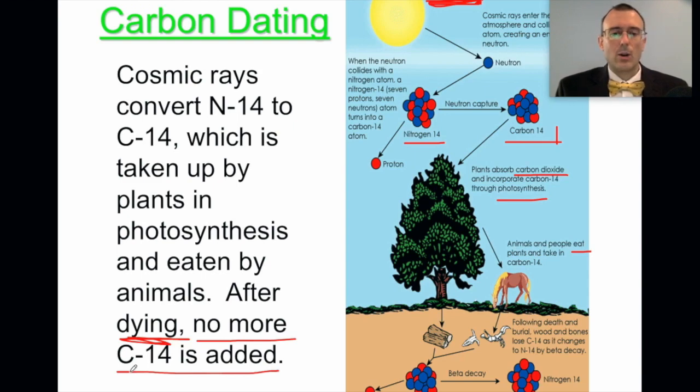So you can tell how old something is, or when something died, based on how much carbon-14 there is in it. The less carbon-14 in something, the older it is. The more carbon-14 in something, the closer it is to having just recently died. As something gets older and older, it's going to have less and less carbon-14 in it.